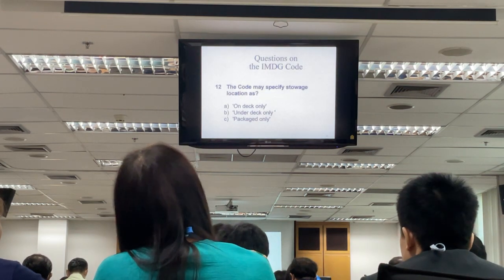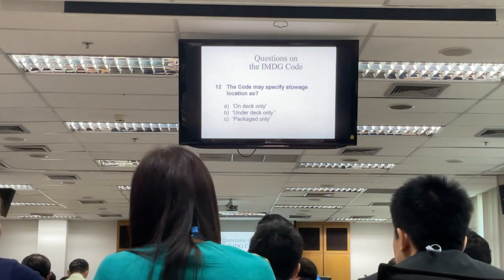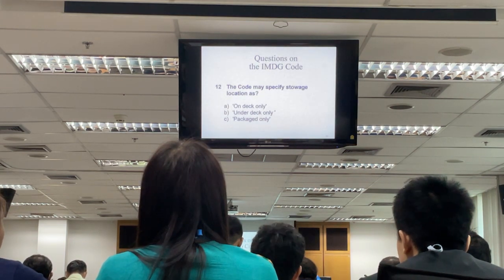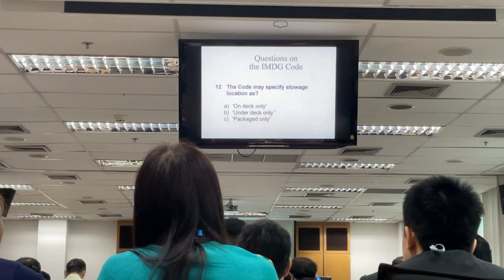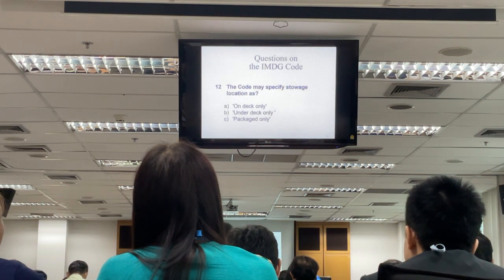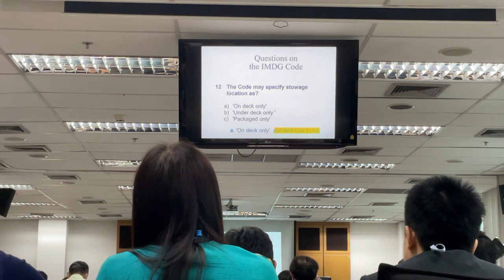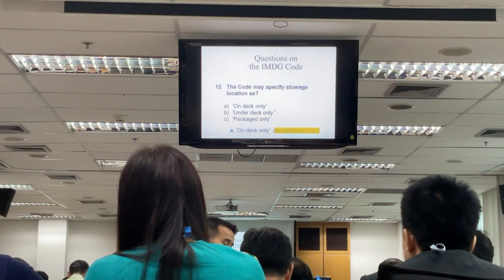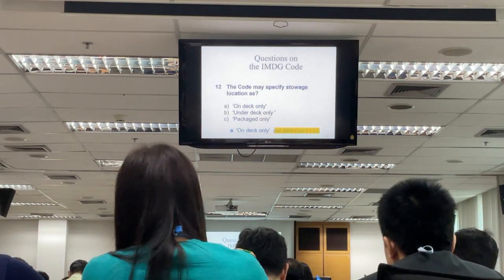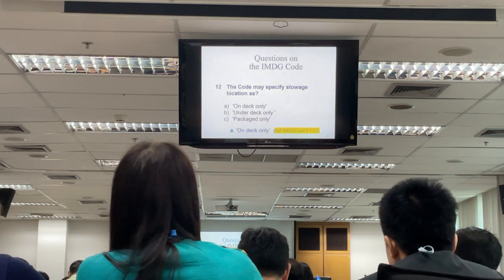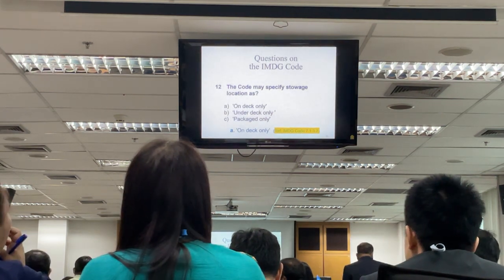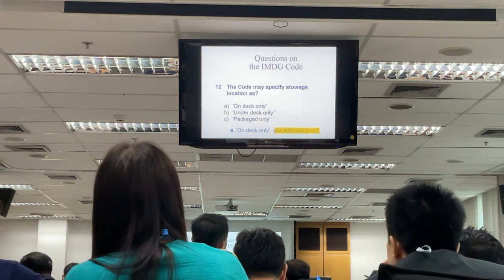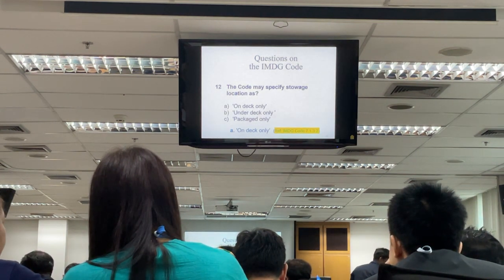We haven't seen any packaged only, so the goods could be on deck only. Yeah, that's a valid term. We can find it in the IMDG code subsection 7.1.3.2. Write the references as well, so that you will work on it later, if you need to.